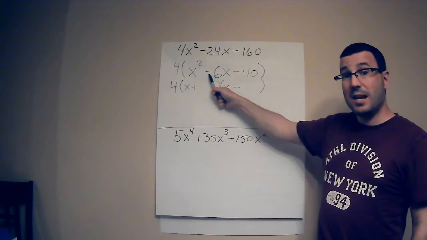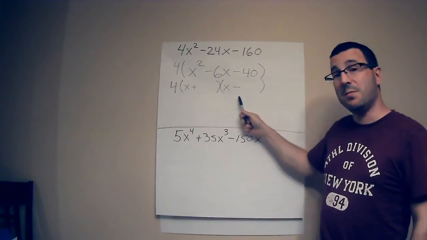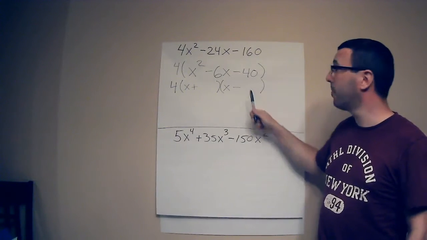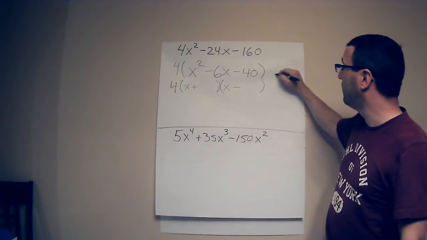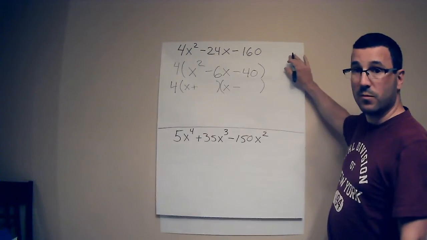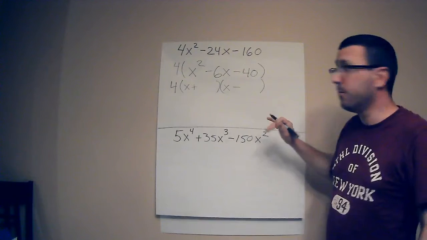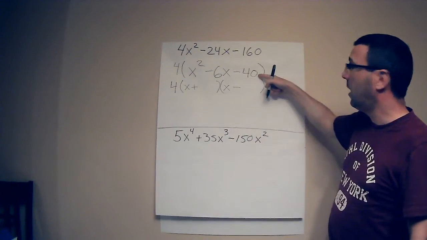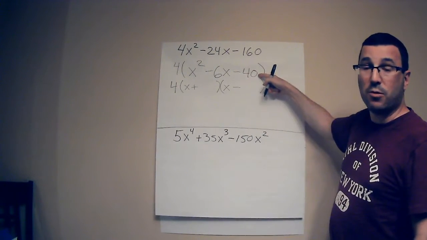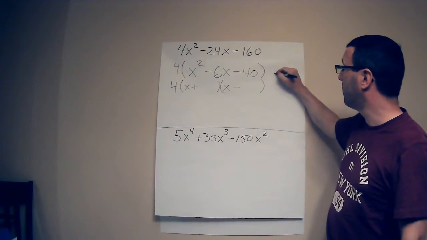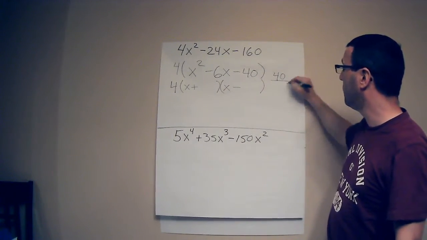Because this is a negative in the middle, that means my larger of the two factors is going to go in the second one. So I need two numbers that multiply out to 40, but when you subtract them, give you 6.